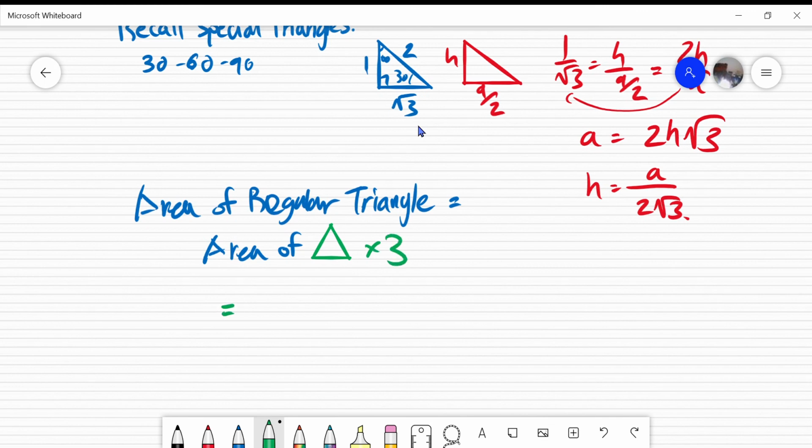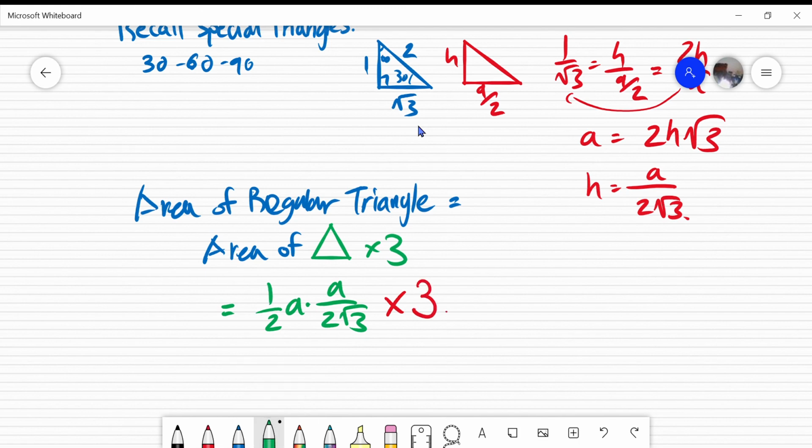And we know that one of these triangles is 1/2 a times h, and h is equal to a over 2 square root of 3. And all you gotta do is multiply that by 3.